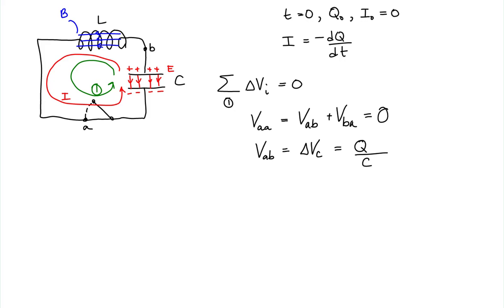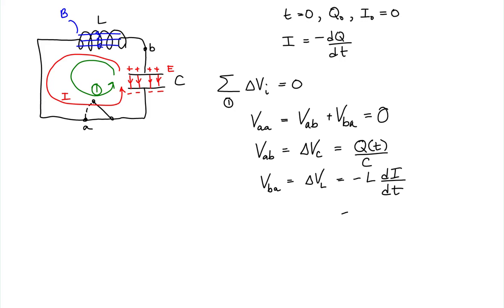Since the charge on the capacitor's plates is going to vary in time because charge is being removed to drive the current, I'm going to indicate this charge as being a function of time, Q(t). The potential difference across the inductor is the potential difference from B to A. This is equal to the self-induced EMF of the inductor, and as we've seen previously, this self-induced EMF is equal to minus the inductance of the inductor times the time rate of change of current through the inductor.